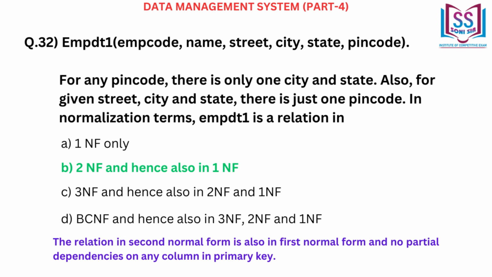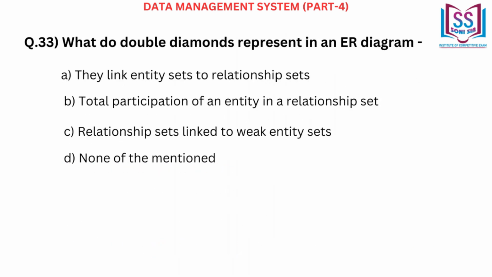The relation in second normal form is also in first normal form and has no partial dependencies on any column in the primary key. What do double diamonds represent in an ER diagram? A. They link entity sets to relationship sets. B. Total participation of an entity in a relationship set.